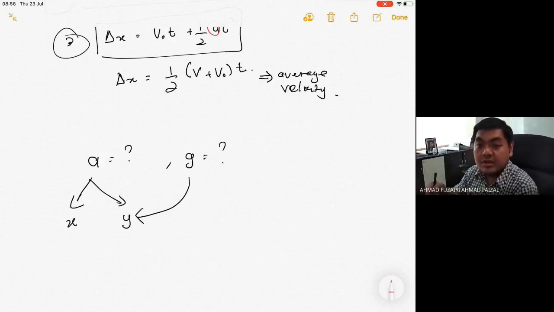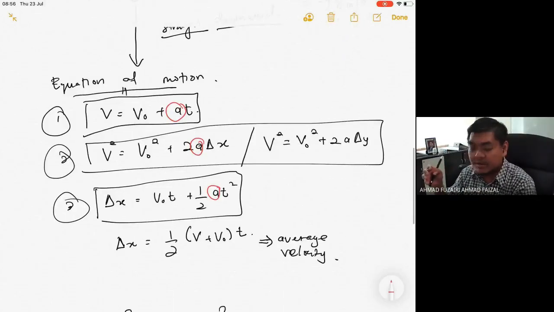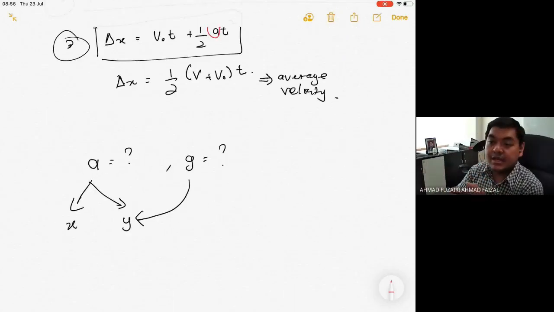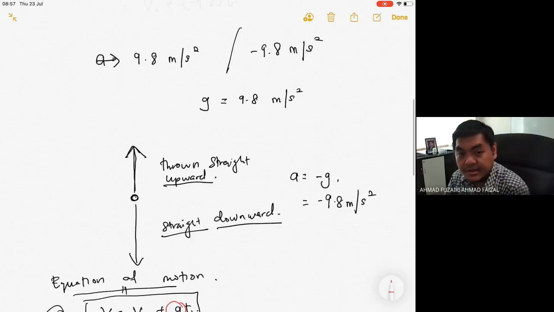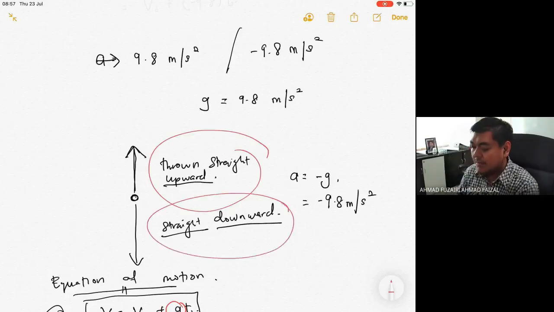But when to use 9.8? When we can consider A in free fall, it will be negative 9.8 meter per second square. So when a free fall situation happens, remember these things. There are these terms: straight downward, straight upward.